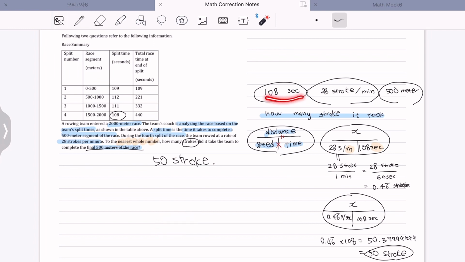And organize it on a blank sheet of paper, like, oh, it's 108 seconds, and what meters it ran, and the information I have to find out, and what formula I can use. Then put the numbers in the formula, check the units and the details, and then solve the formula.